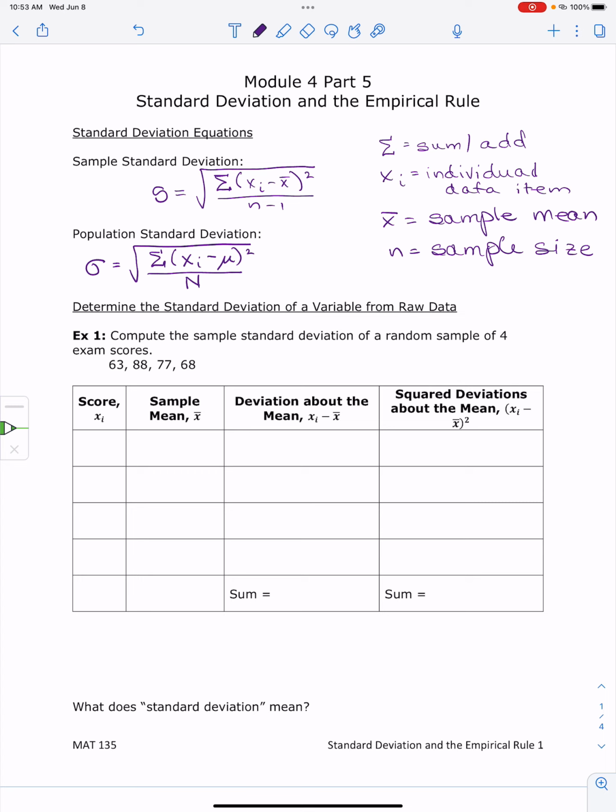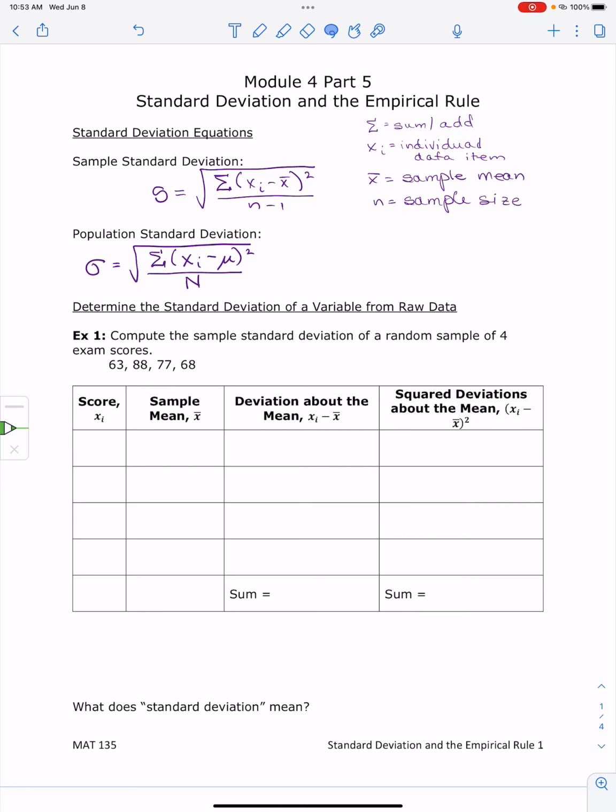Let me make this a little smaller so I have room and everything's not running together. So our mu is our population mean. Our n is our population size.